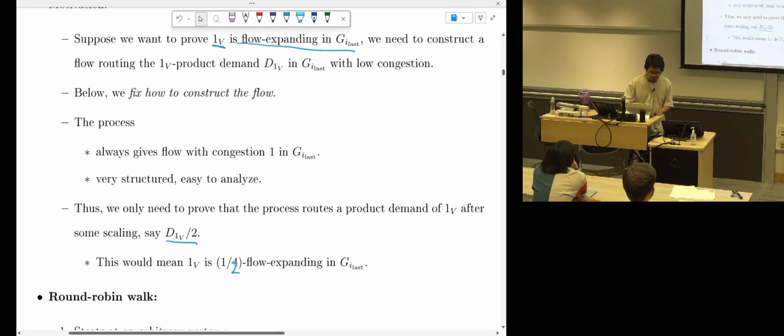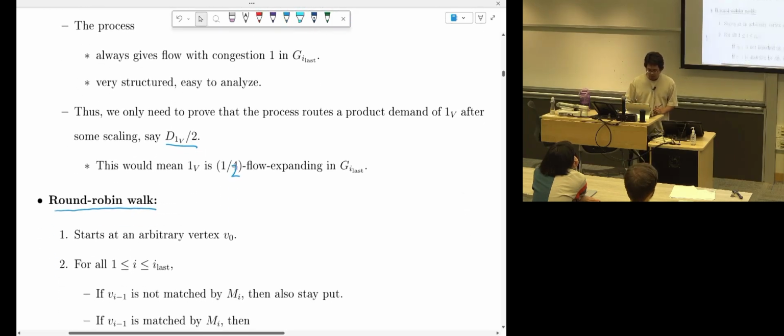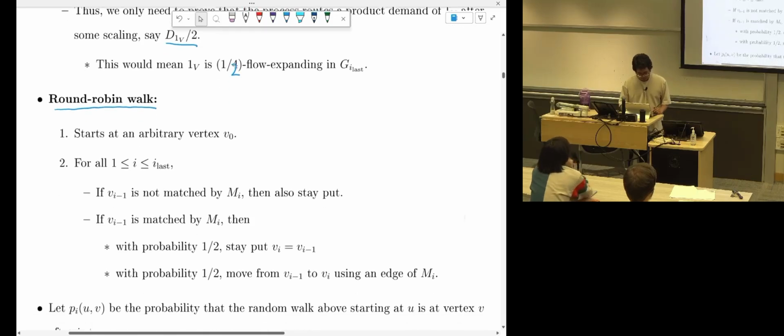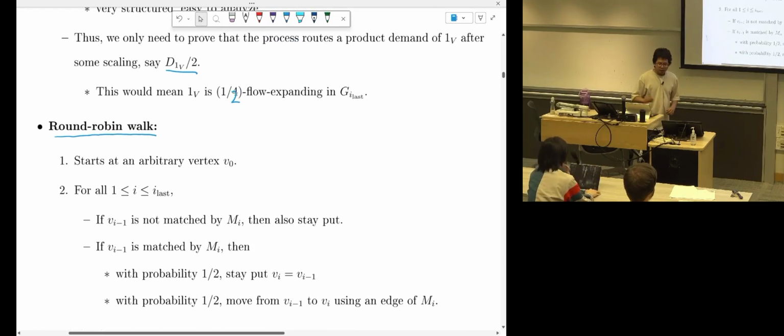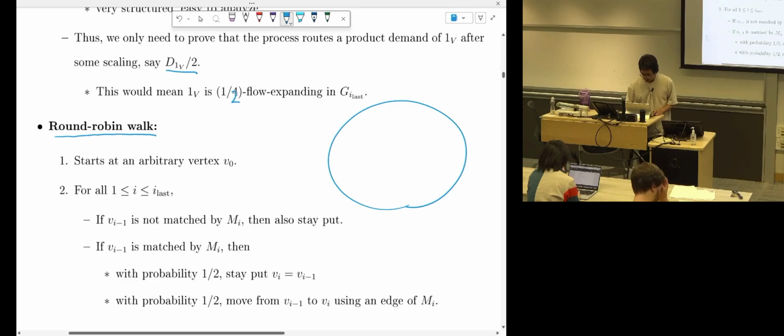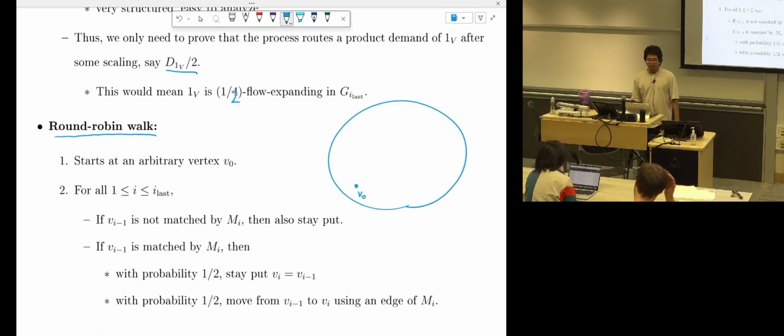So that's kind of the motivation. Let me tell you what this process is. It's called round-robin walk. It's a process where, let's say you have a graph, and the starting point is at V0. It will do this random process where at round I, it starts from round 1.